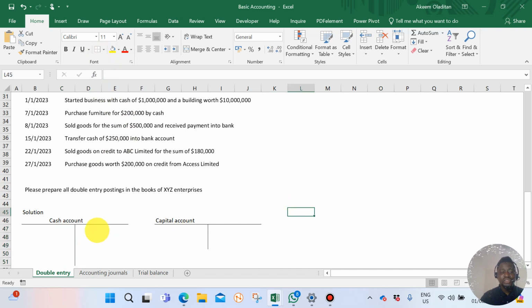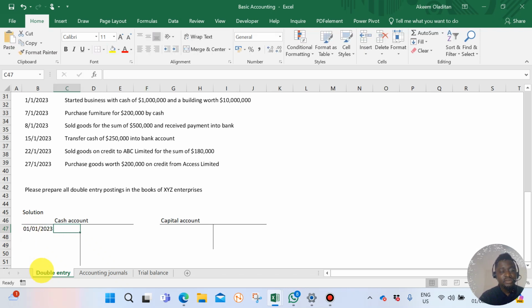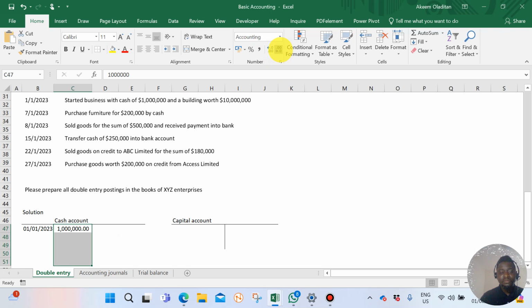So the first one is that we said started a business with cash of $1 million. The first date is, what's the date? 1/1/23. Then you started a business with what? $1 million. It means you brought in cash of $1 million. But since you are bringing in cash, it means in the form of capital.